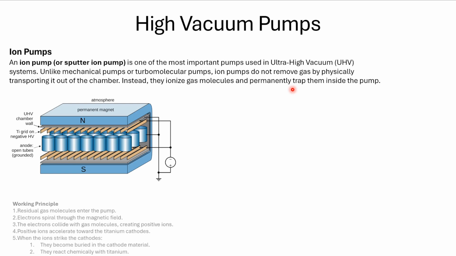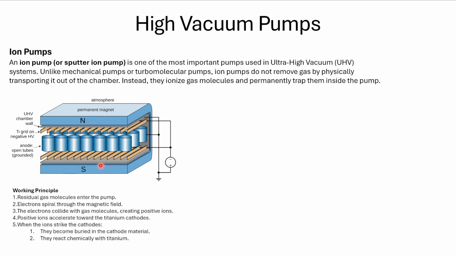How does it work? So there are gas molecules in the UHV system, right? You remove many of them by using, for instance, a scroll pump, whatever. And the other gas molecules are ionized inside the pump, and these molecules, by the way, are ionized by the electrons since there is an electron flow inside the pump, and positive ions are created due to the electrons, and these positive ions are buried in the cathode material.